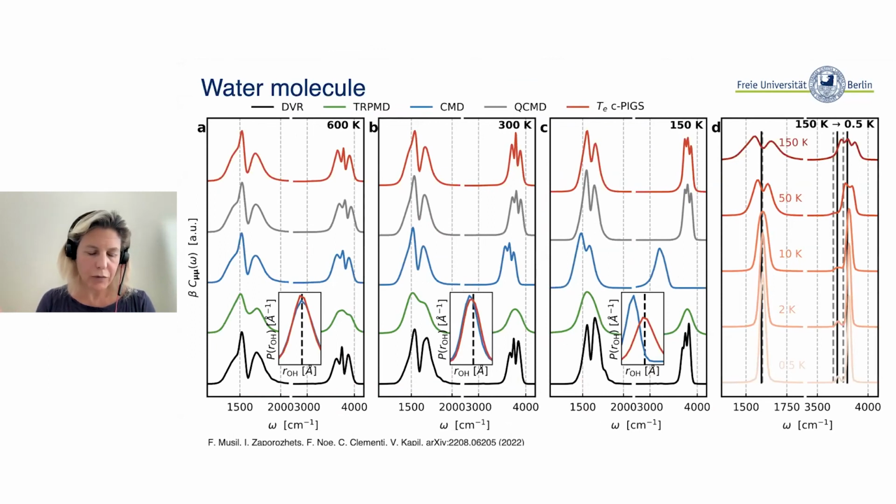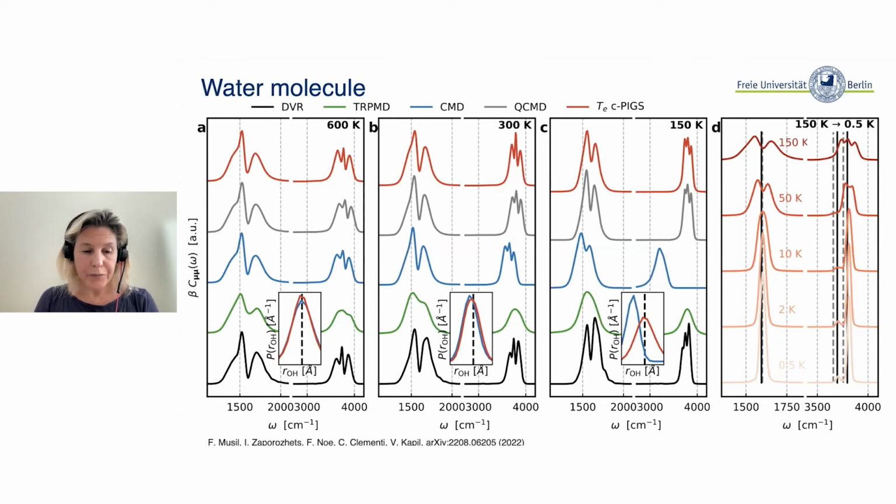You cannot predict the spectrum of water without nuclear quantum effects, because there are two hydrogens that are very light. And so it's not clear how this will affect confined water, water clusters, and so on, that are important not just biologically, but also for industrial applications. This is what we're doing now.